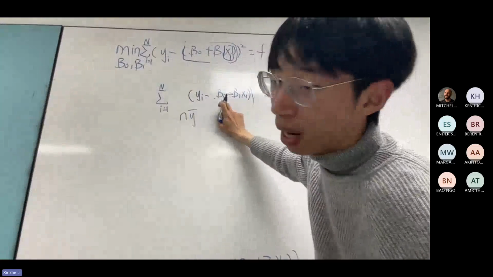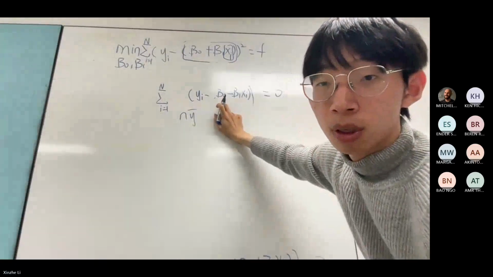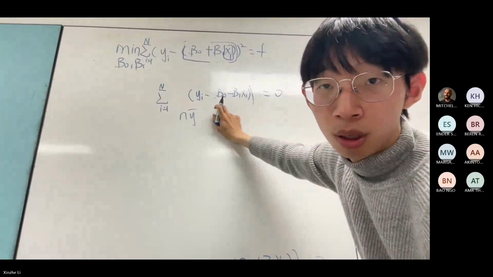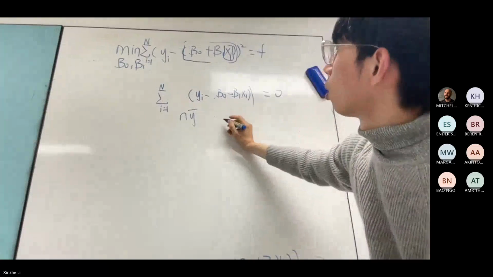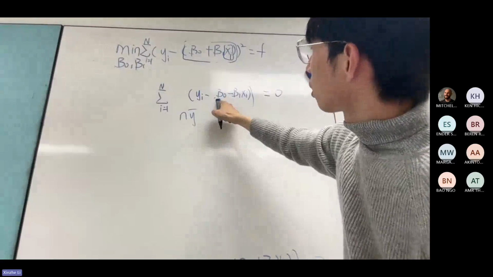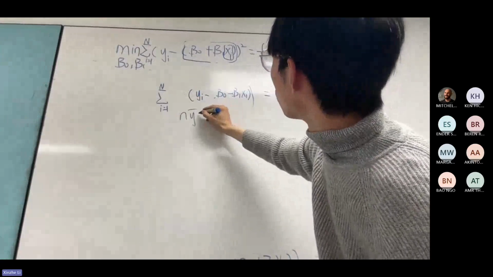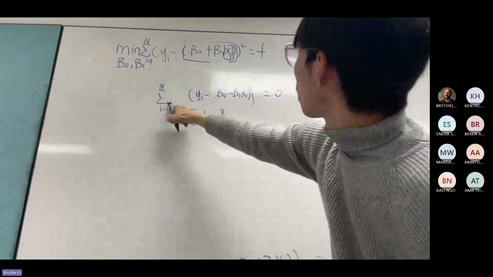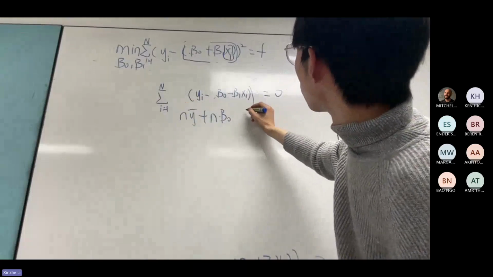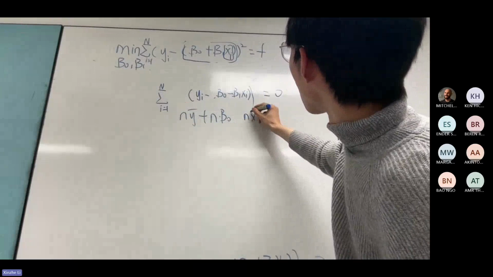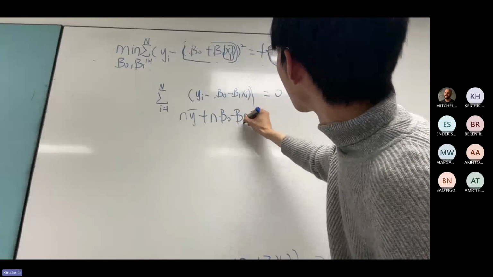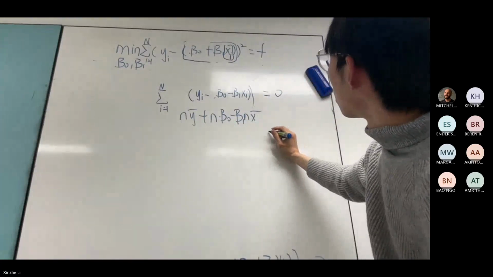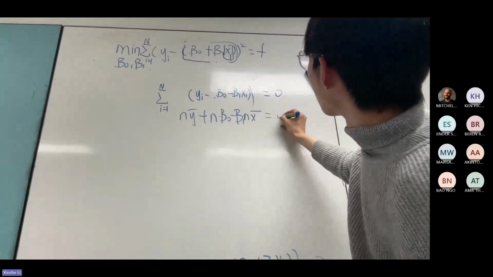What's the summation of beta 0? We sum beta 0 n times, so it becomes n times beta 0. Here the summation of xi equals n x bar, and we put the constant beta 1 here. Then we get 0.